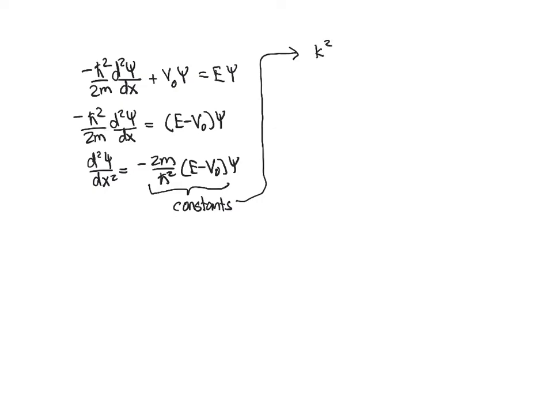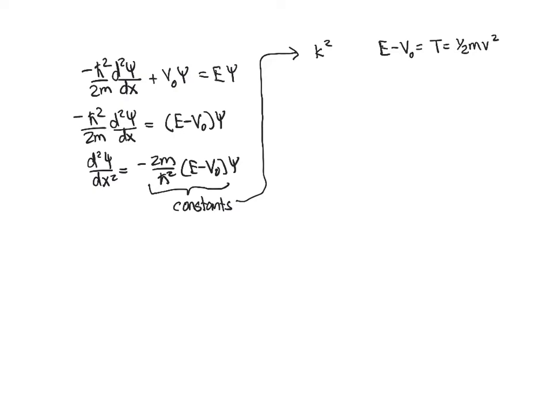So let's think about what this group of constants is telling us. To think about this, let's think about the fact that the total energy minus the potential energy is equal to the kinetic energy, which is 1/2 mv squared.